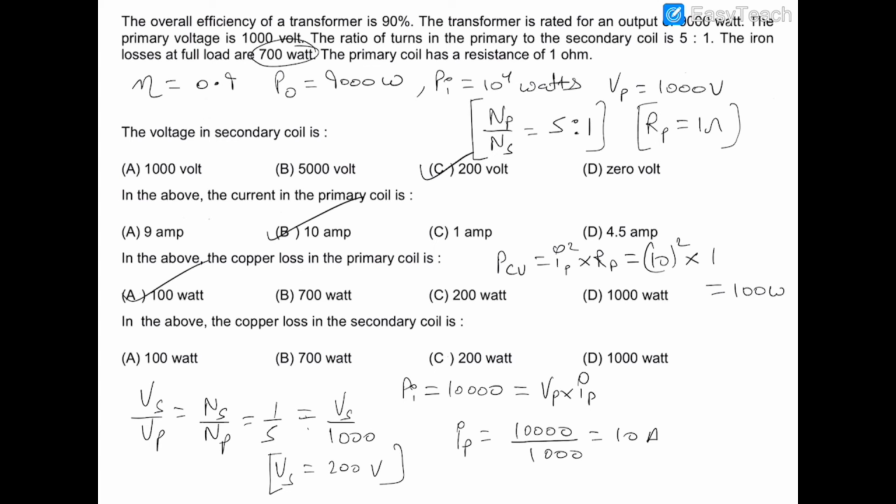So out of 10,000 watts, output is received as 9000 watts, and the remaining is 1000; from that remaining 1000, 700 watts is lost in the iron of the core, and 100 is lost in the primary coil in the form of copper losses. So the remaining power, which is 200, is lost in the secondary coil. So the power loss in the secondary coil will be 200 watts.